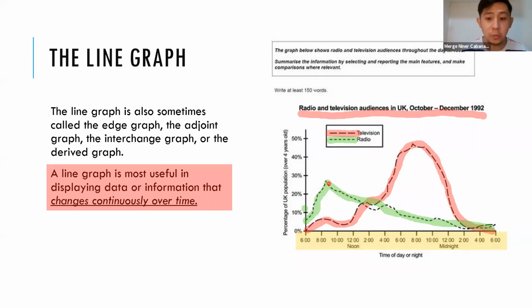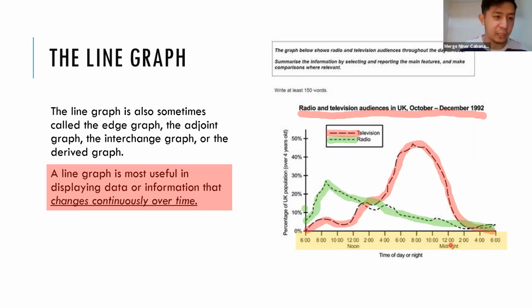We already know because we have the time here, time of the day and time of the night. You have the noon, you have the midnight. And that is where line graphs are most useful. They are very useful if we're trying to compare data that moves continuously over time.